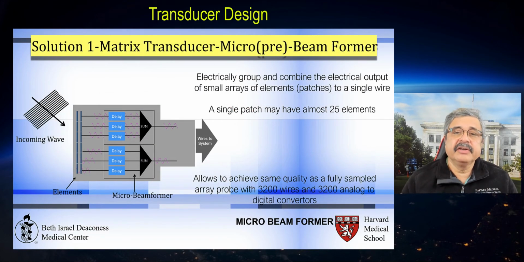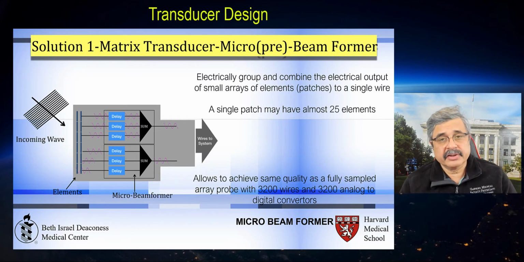Now, how did they achieve this whole process? Because obviously there's a lot of information coming in, and there's also a lot of electrical channels that had to convey this analog information to be converted into digital signals up in the ultrasound system.